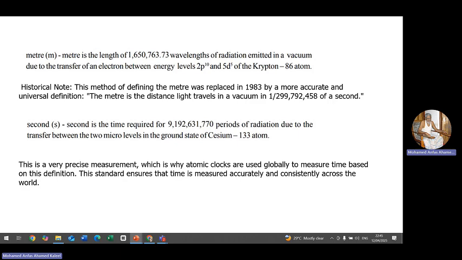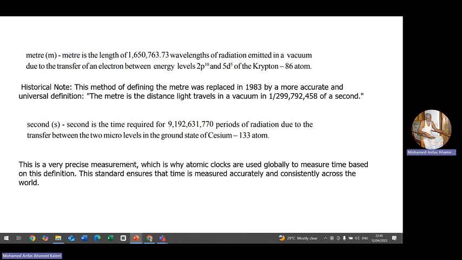We cannot just say a meter is a meter. So what is a meter? The meter is the length of 1,650,763.73 wavelengths of radiation emitted in a vacuum due to the transfer of an electron between the energy levels 2p10 and 5d5 of the krypton-86 atom.